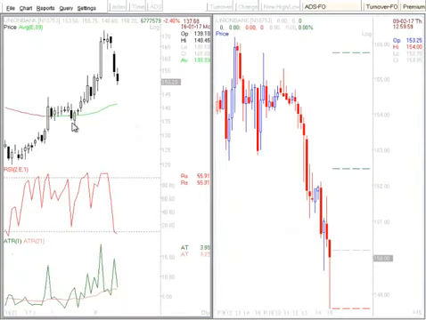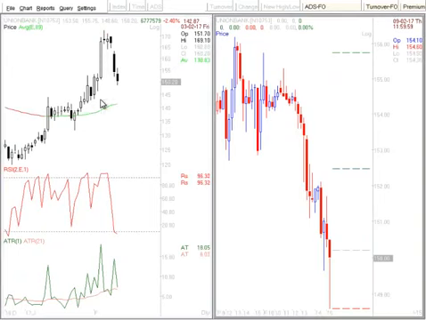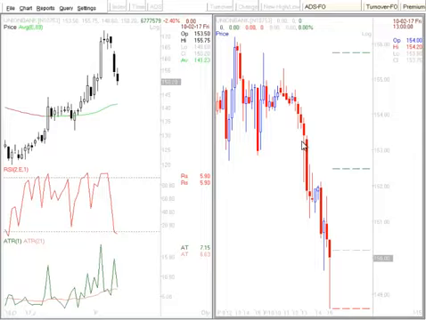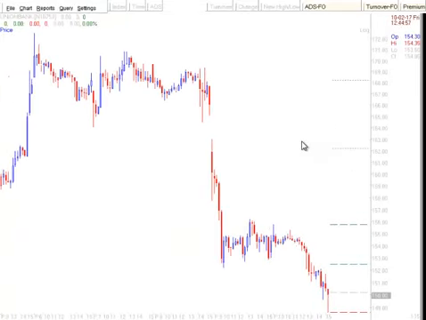On my left hand side is my decider. On my right hand side is my executor. My decider is telling me, brother, a swing long setup has been created. It can continue to fall, but there is a chance ये घूमेगा. वो chance को तुम्हें उस पे डांस करना है. But I cannot do it in this time frame. So I come to this time frame, which is a 15-minute.